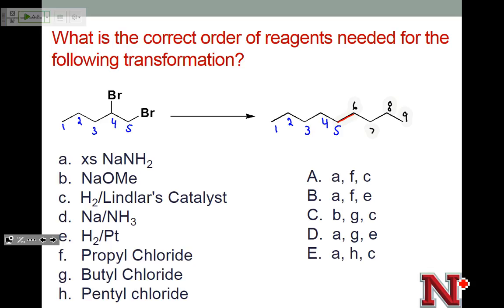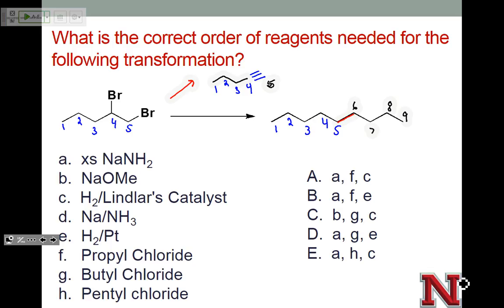So once it deprotonates, we have our triple bond. And we can add our extra carbons there. And remember, we added our excess NH2 minus, so we can deprotonate all the way here.